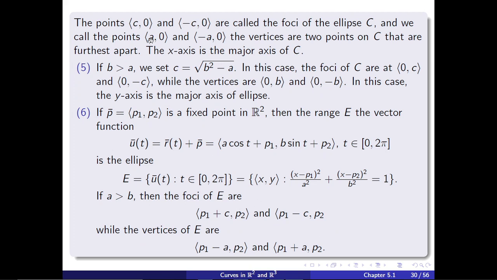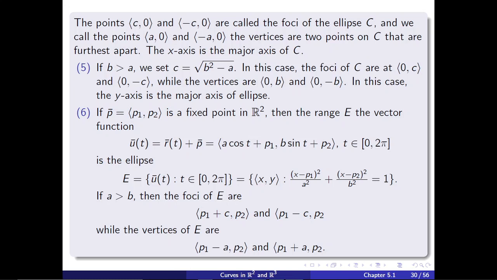So the points (c, 0) and (-c, 0) are called the foci of the ellipse C, and we call the points (a, 0) and (-a, 0) the vertices. We call them the points on C that are furthest apart.